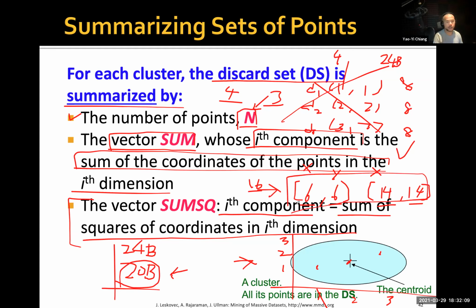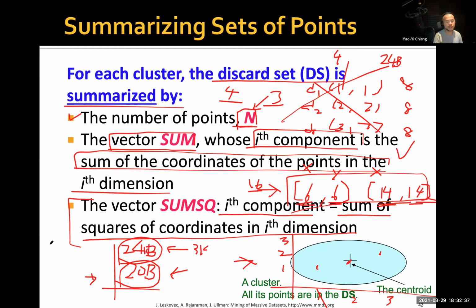So you always need 1, 2, 3, 4, 5, 5 times 4, each one assume 4 byte, you need 20 byte. But the first one depends on the number of data points in the cluster, right? We only have 3 points, so it's 24 byte. What about if we have 3K points? Well, that will be 24K bytes, right?